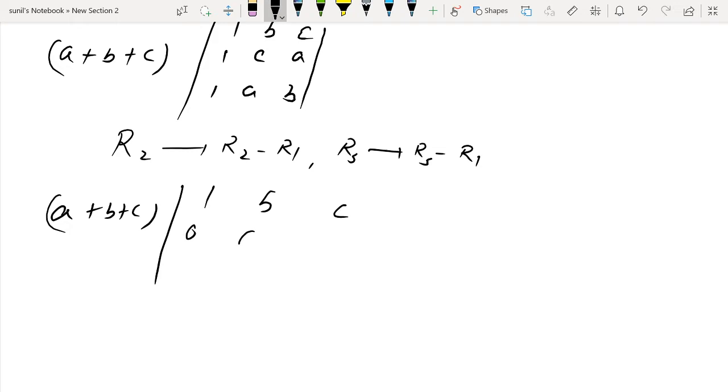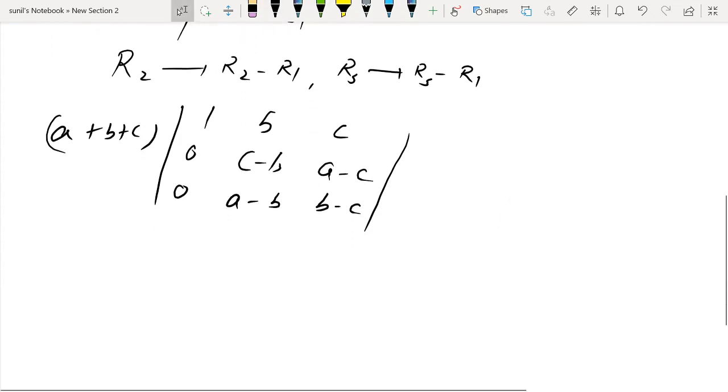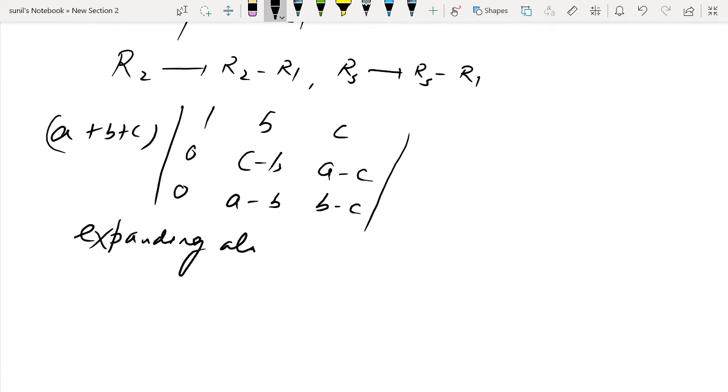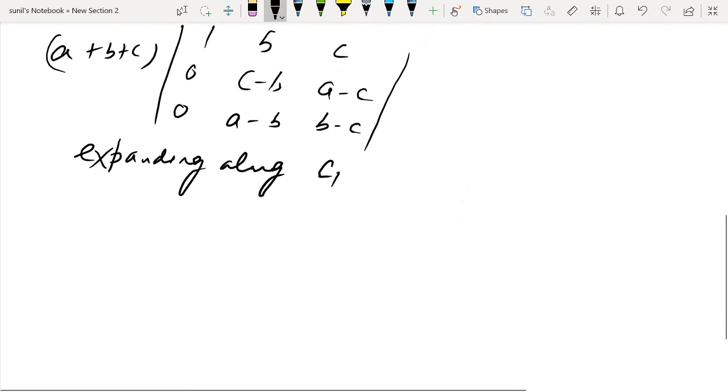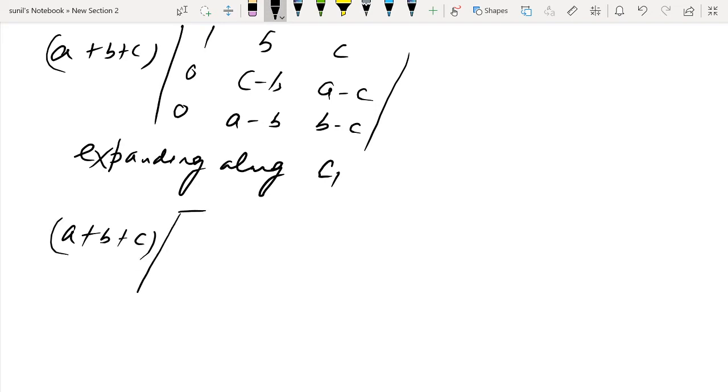It is 0, C minus B, A minus C, A minus B and B minus C. Now expanding along C1, we will be having minus B minus C whole square minus, it is something like this.